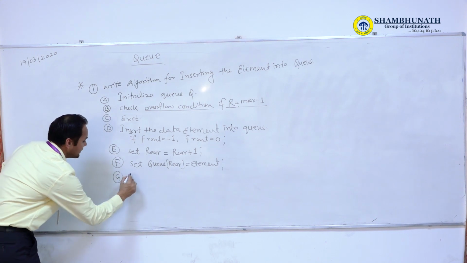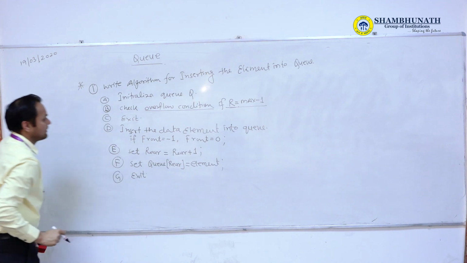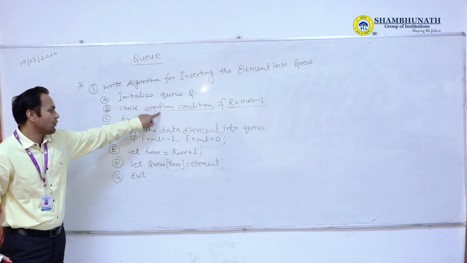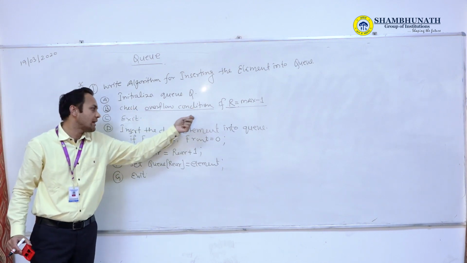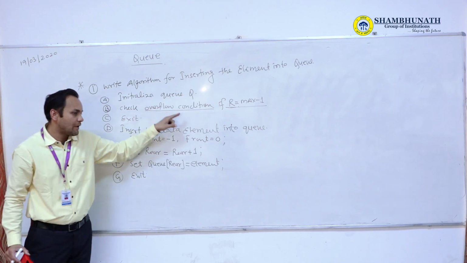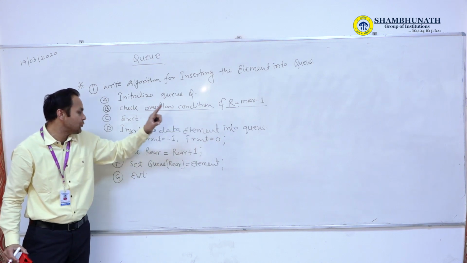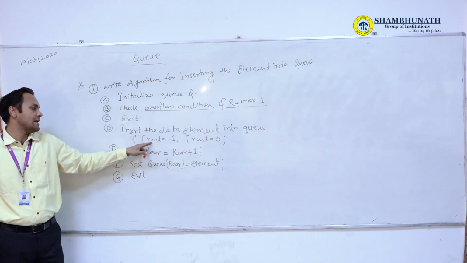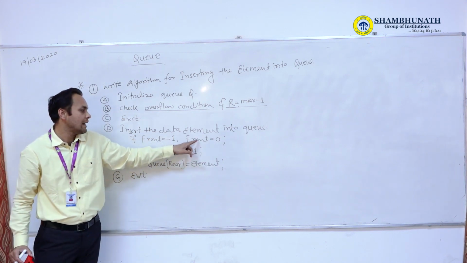And step number G. In short, in the queue, check the overflow condition. If R equals max minus 1, if the overflow condition occurs, then we exit from the Q. If the overflow condition does not occur, then insert the data element into the Q. First check the front: if front is -1, then change the position of front.